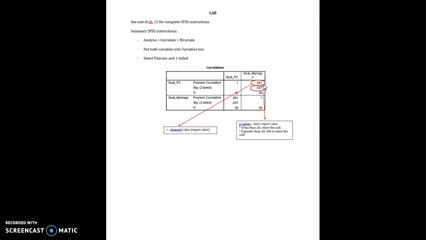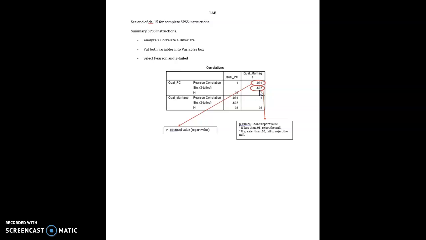Then the second thing to look at is whether or not this is a statistically significant relationship. So now we're looking at the second row, your p-value, or what's labeled sig here, and your p-value is 0.637. If the p-value is less than 0.05, we reject the null and conclude that there is a significant correlation between the two variables.